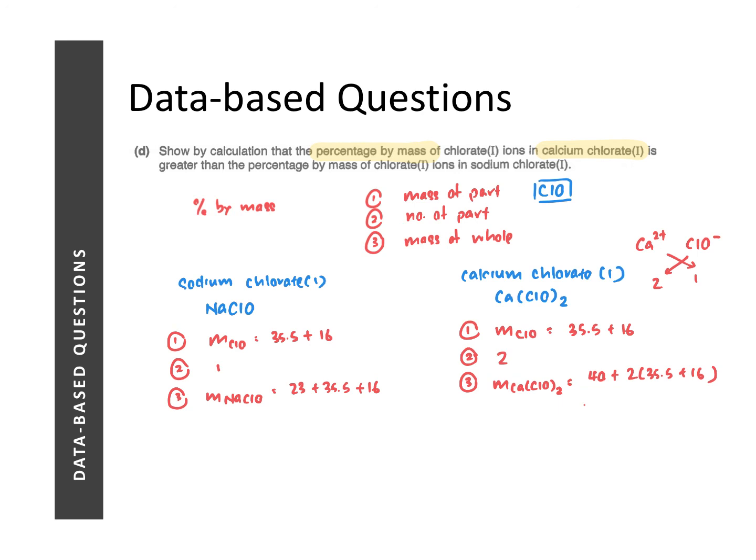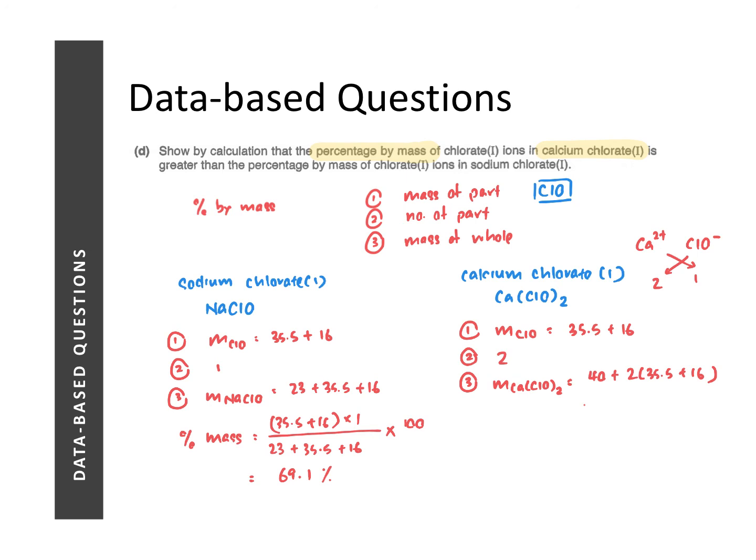Alright, once we have the 3 pieces of information, percentage by mass is very simply the mass of part times the number of parts divided by the mass of the whole. In this case, if you do everything correctly, you will get a percentage of 69.1.